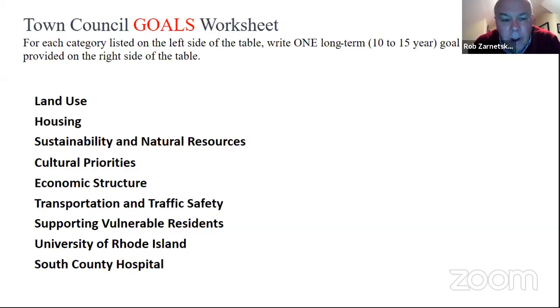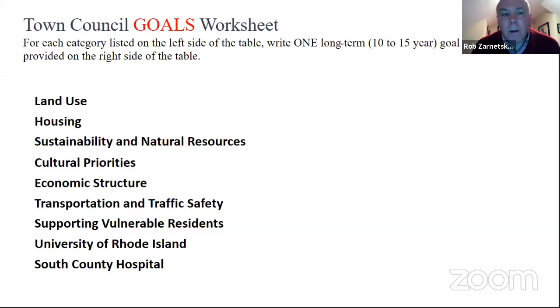All right, and South County Hospital. What's our goal for South County Hospital? I don't think it's changed. We want to make sure it's a sustainable and viable hospital for a long time to come.